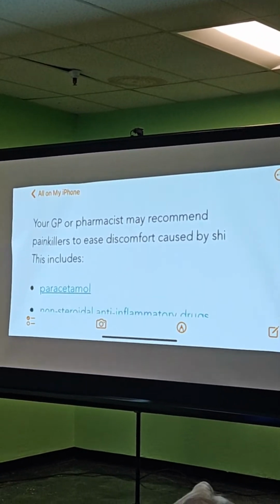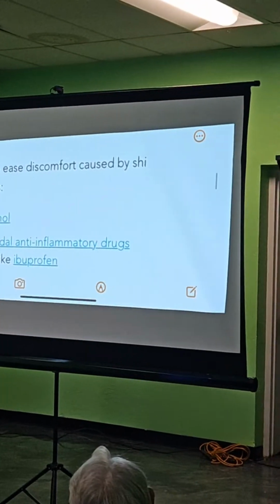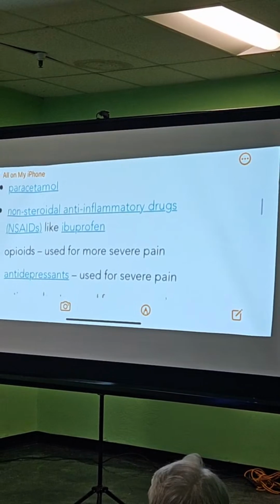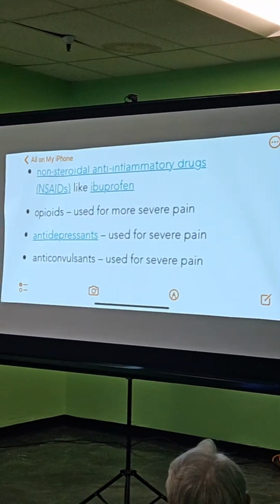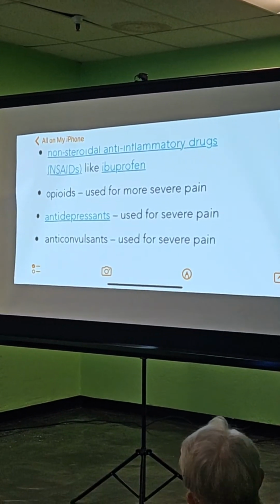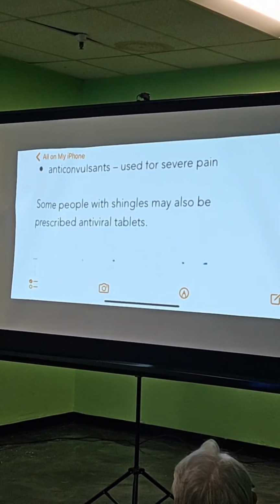So basically, paracetamol is actually another nasty anti-inflammatory. We could have also been on ibuprofen, opioids, or we could have put him on antidepressants and anticonvulsants for the severe pain that likely would have progressed without the prompt treatment.